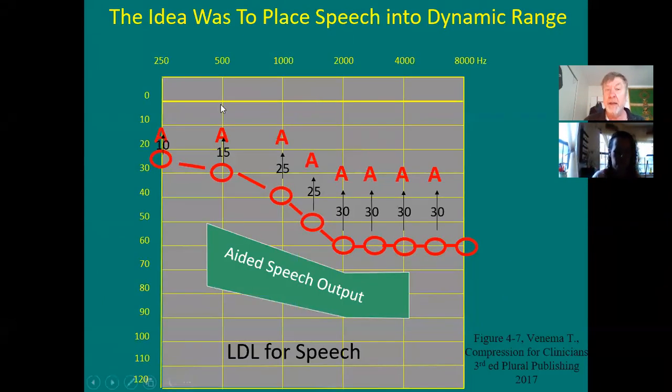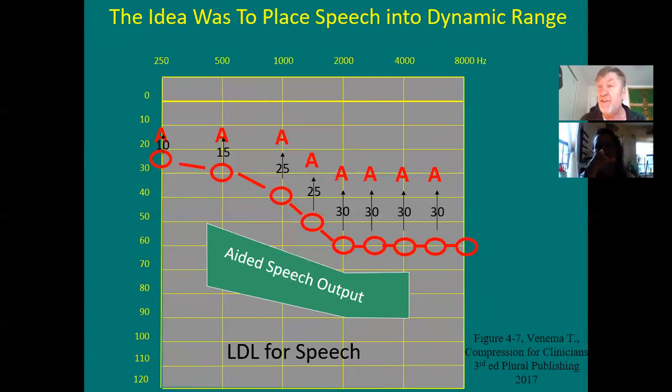So if we improve the thresholds by half and provide 15, 25, 25, 30 gain across in this particular case, then if average everyday speech comes into the mic of my hearing aid, and my hearing aid provides this kind of gain, the output speech hitting my eardrum will be right here.